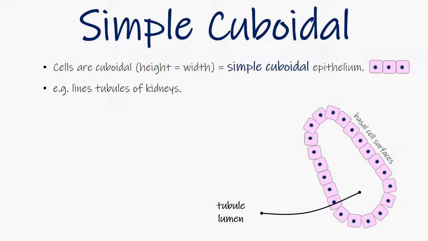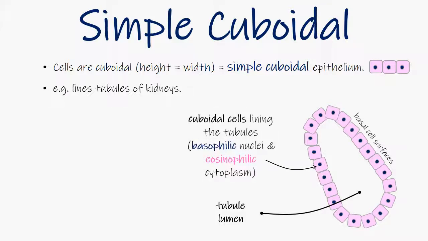This clearly demonstrates how a single layer of cuboidal cells with basophilic nuclei and eosinophilic cytoplasms can make up a beautiful tubular structure. Simple cuboidal epithelia are located in places specialized for secretion, such as salivary glands, and in places specialized for diffusion, such as here in the kidney.